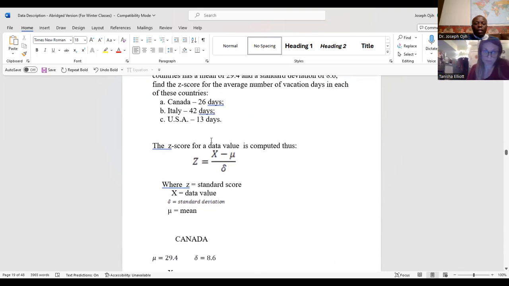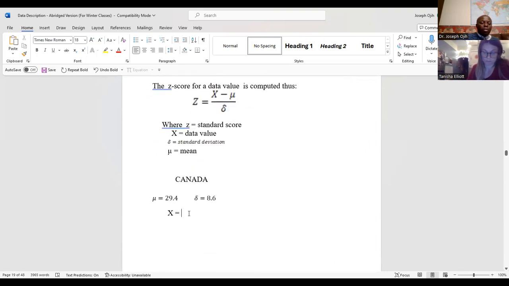For Canada, X is 26. So I'm going to put X is 26. Following this formula here, the Z-score for Canada will now become Z equals X minus mean, and our X is 26.